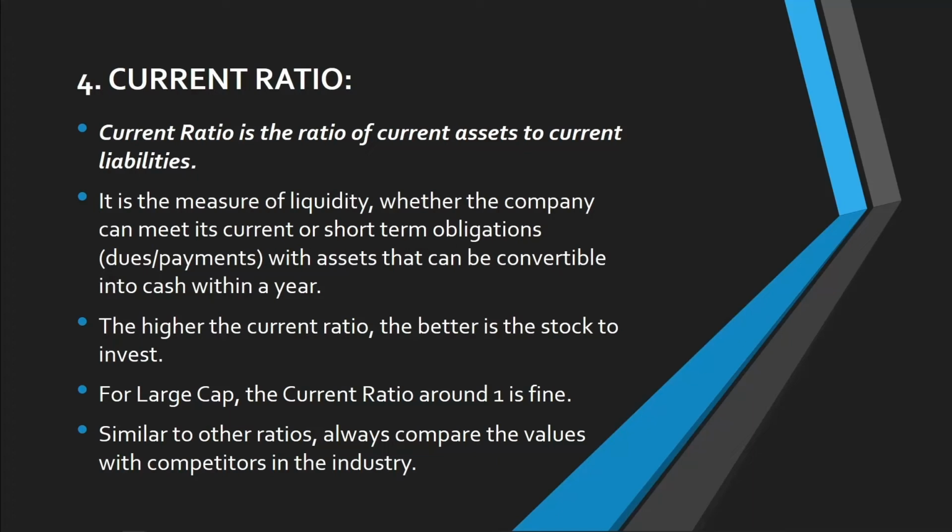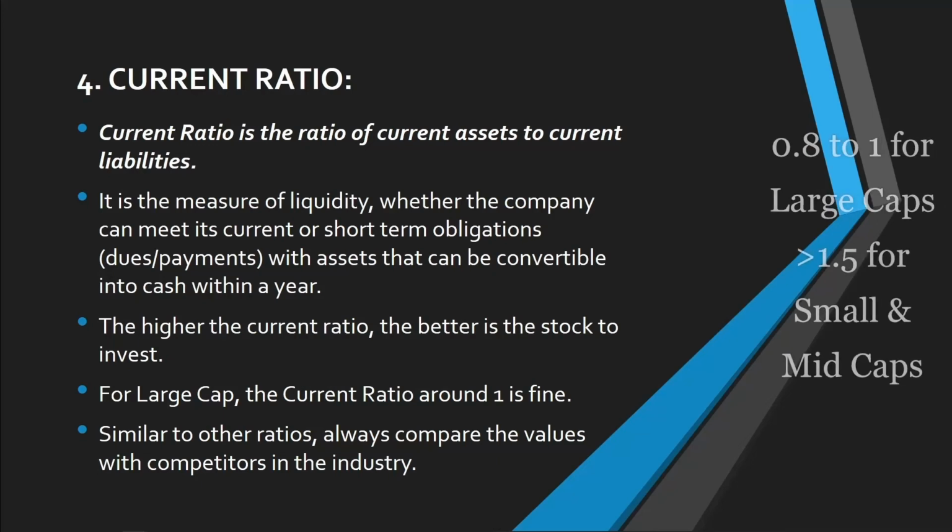I will repeat the definition again: the measure of whether the company can meet its short-term obligations with assets like cash balance and other assets which can be converted into cash within a year.